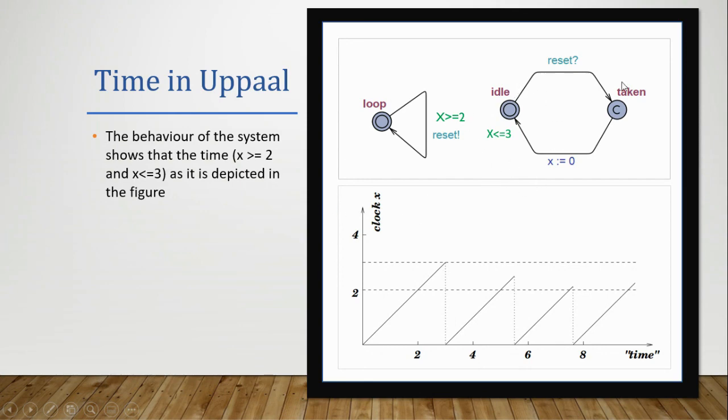This is actually in the ticking, so the time is controlled. As we can see, the boundary here is 3, so we cannot go over 3 in this location. In this location, it can start from 0. Here, it cannot start from 0.